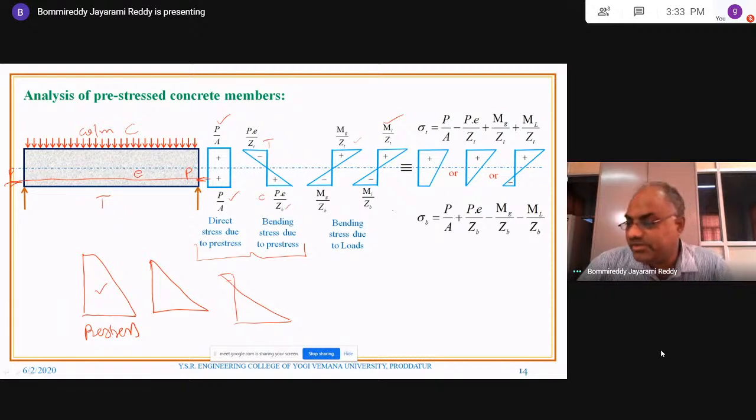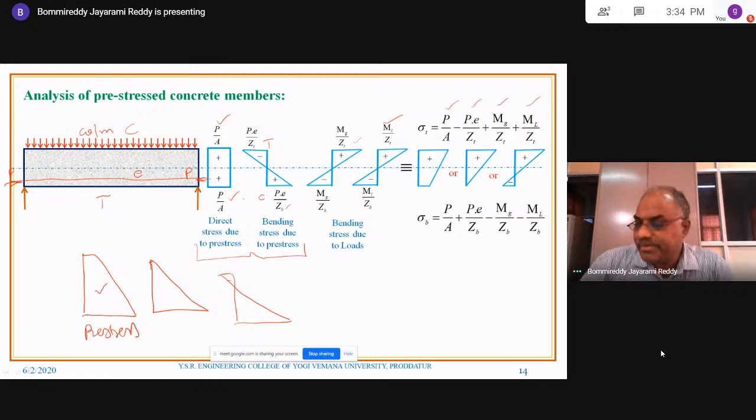So what are the total stresses? The resultant stress will be the sum of the pre-stress and the stresses developed because of the applied loads. What is the stress at the top? P by A minus PE by Z plus Mg by Z plus ML by Z. These are four different terms, and the algebraic sum will be the resultant stress at the top.